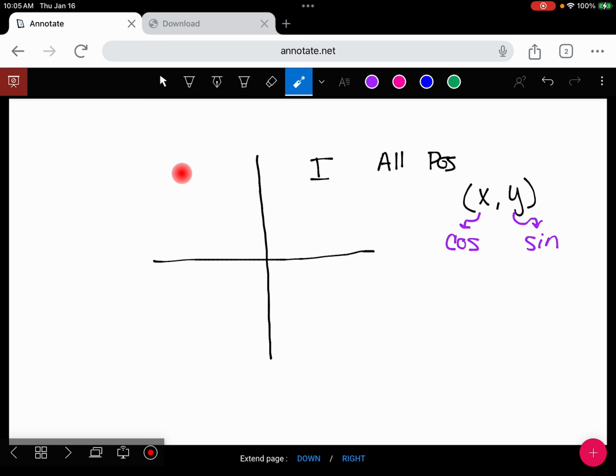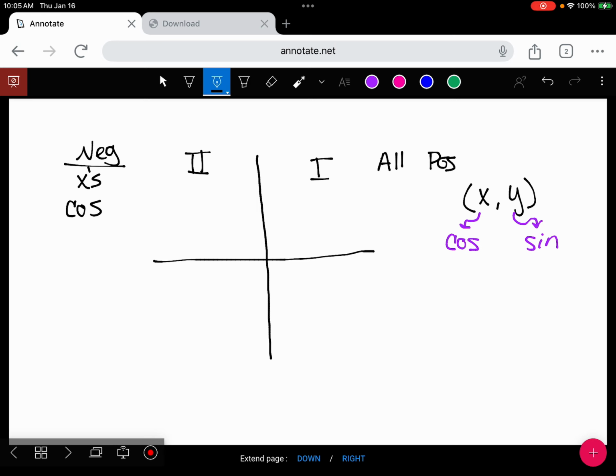What quadrant is this one? 2. Which pieces are negative in quadrant 2? Our x's are negative. So I'm going to put my negative. X's are negative, which means which trig function is negative? Cosine is negative. Is my tangent going to be positive or negative?